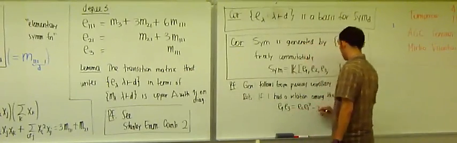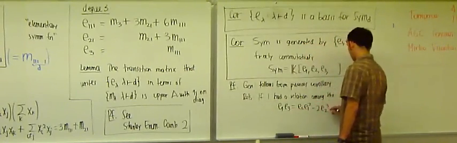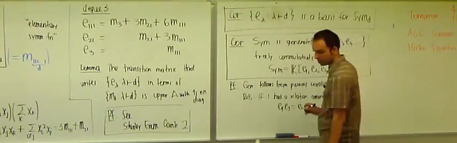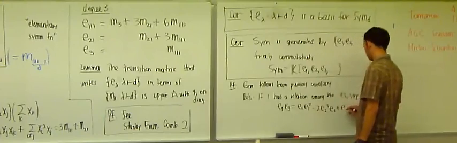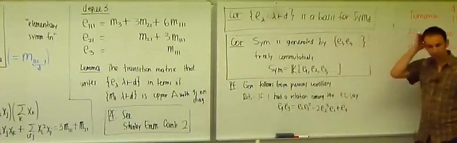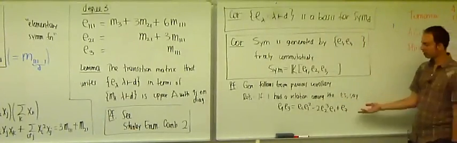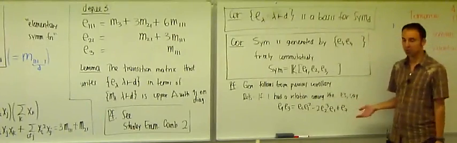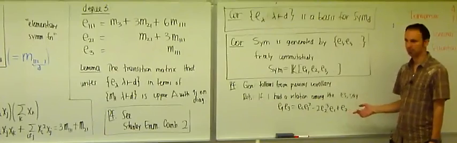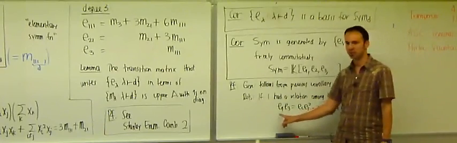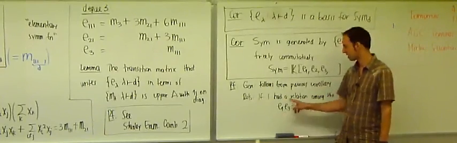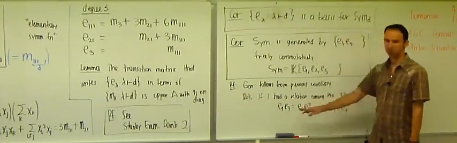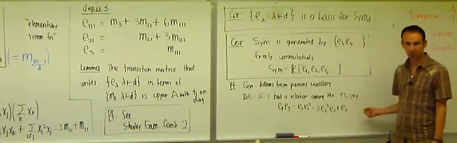Minus 2 E2 cubed E1 plus E7. Okay. If you had a relation like this, then multiplication would not be free, because there would be two different ways of expressing E4 E3. You could express it like this, or you could express it like this. Being free means precisely that you cannot have relations like this.